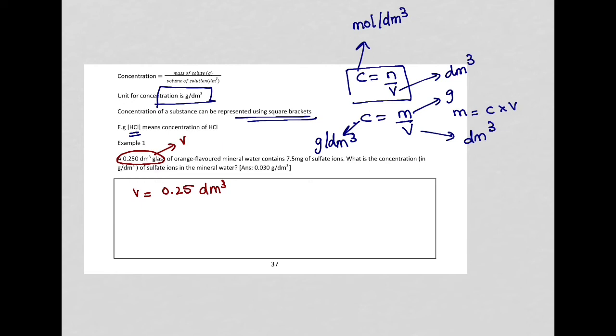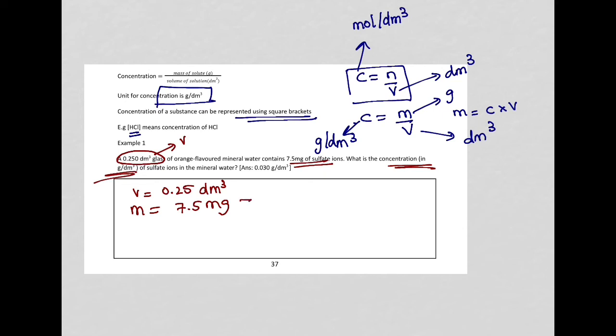It contains 7.5 milligram of sulfate ions. These sulfate ions are the solute in that, and the water is the solvent. So then here we're given the mass, 7.5 milligrams. You are asked to find the concentration in gram per dm cube.